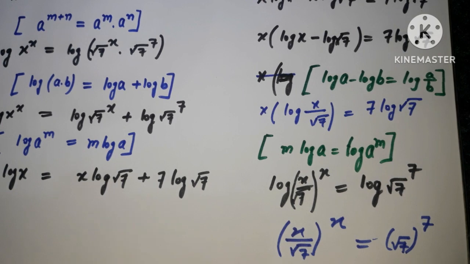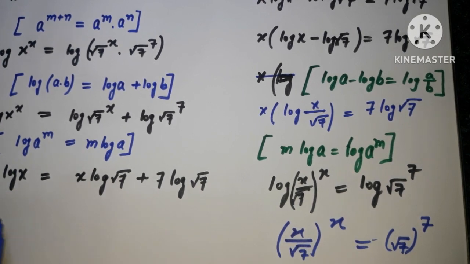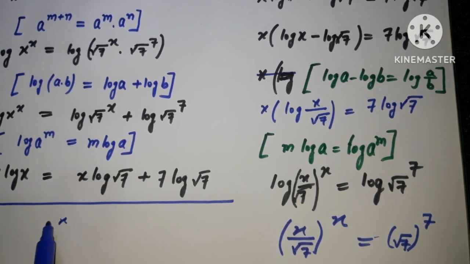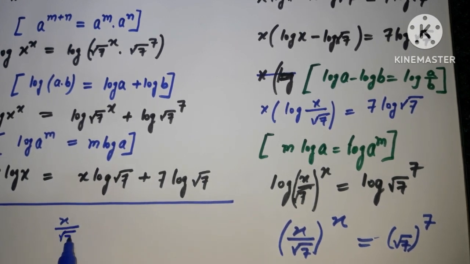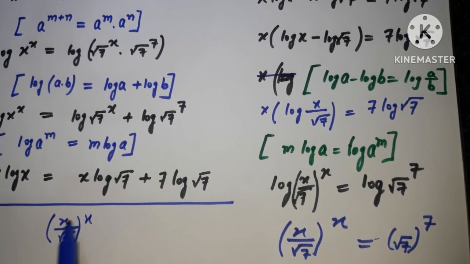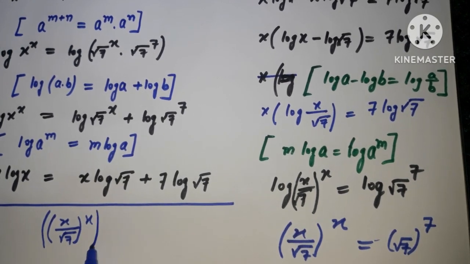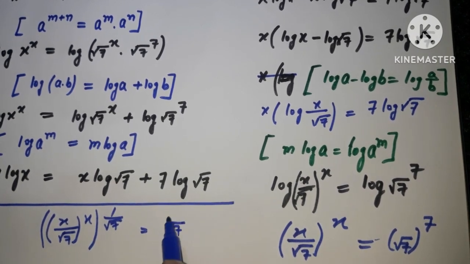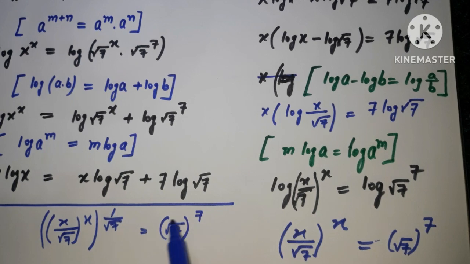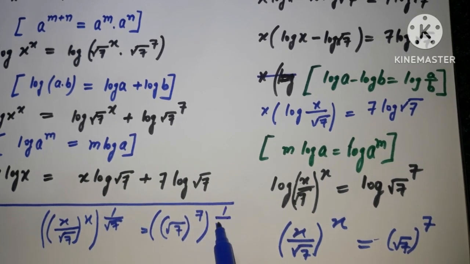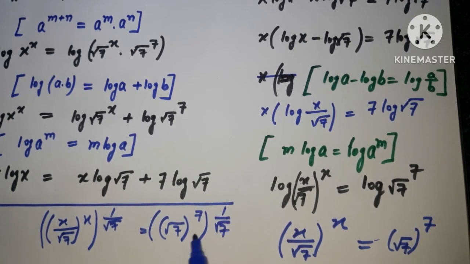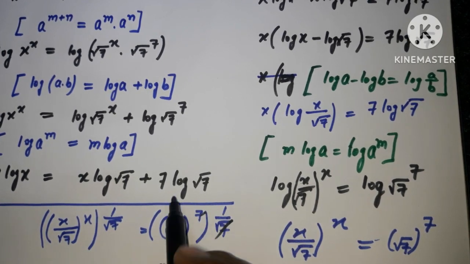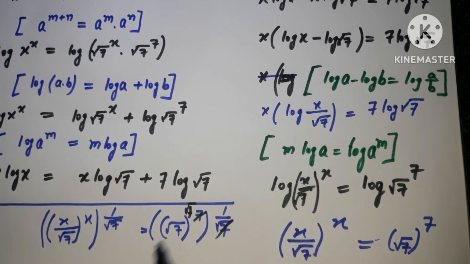So x by root 7 is already there, but I am raising one more power, that is 1 upon root 7, and here root 7 power 7 also gets one more power, 1 upon root 7. So this is going to cancel, and we have root 7 over here.